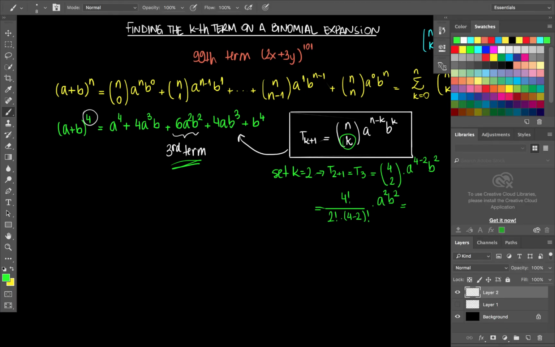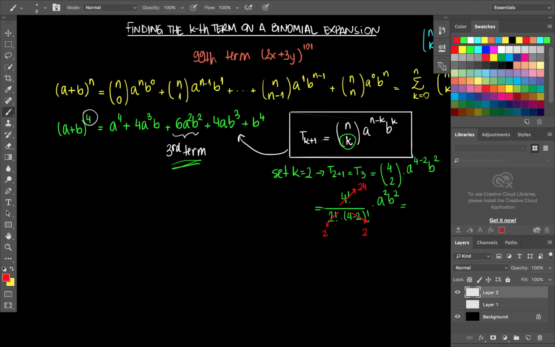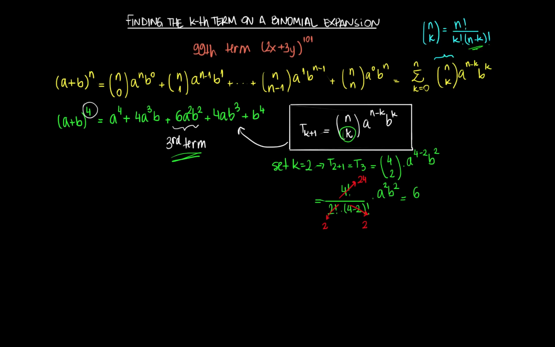We know that 4 factorial is 4 times 3 times 2 times 1, so this is 24. 2 factorial is just 2 times 1, which is 2, and this one is going to be 2 factorial also, so it's 2 over here also. So we have 24 over 4, which is 6, a squared, b squared. So it's proved that this formula actually works. We just found the third term of this expansion.